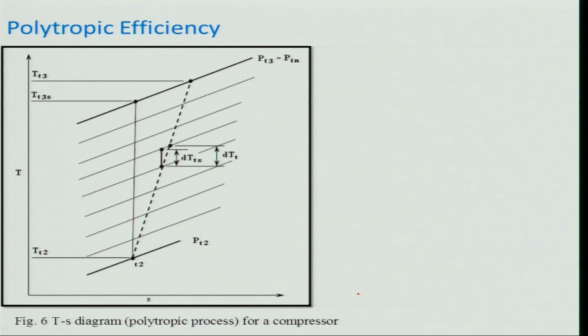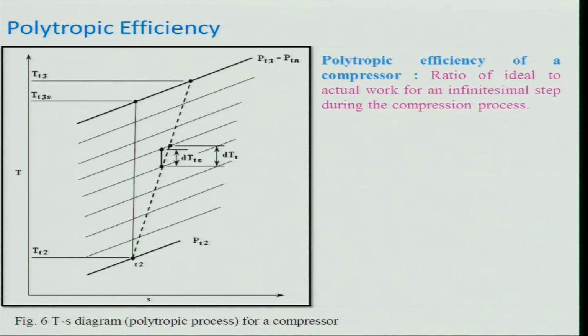So, therefore, we need to define a polytropic efficiency. Polytropic efficiency is basically the ratio of ideal to actual work for an infinitesimal step during a compression process. That means if I am going, let us say, from pressure P_t2 to pressure P_t3, there will be a number of stages, right.